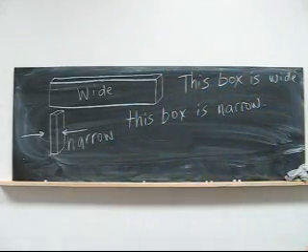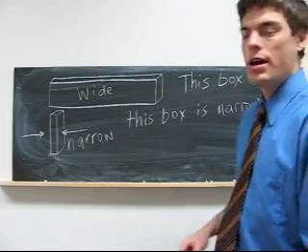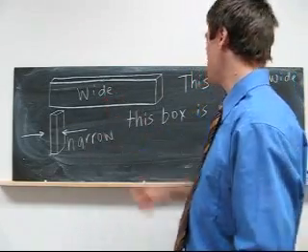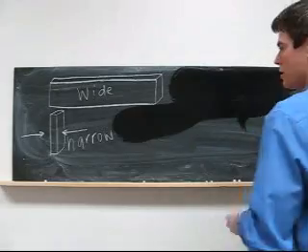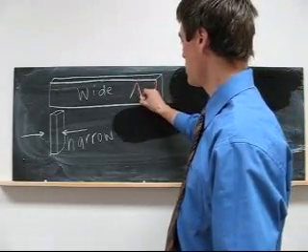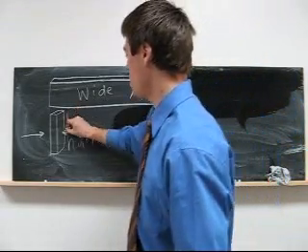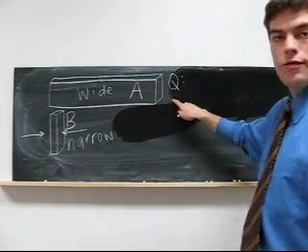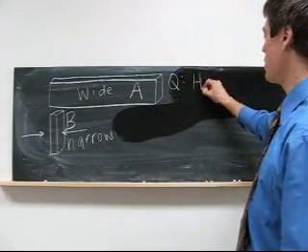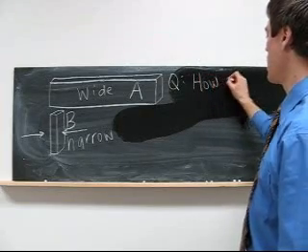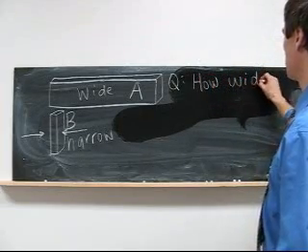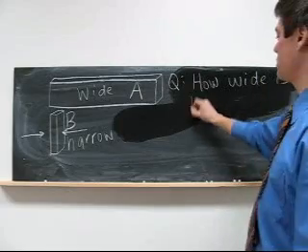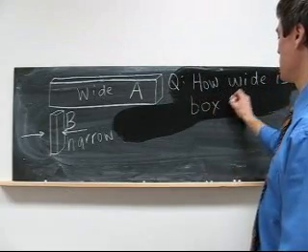So you could say the question, how wide is this box? Let's say this one's box A and this is box B. The question, Q for question, how wide is box A?